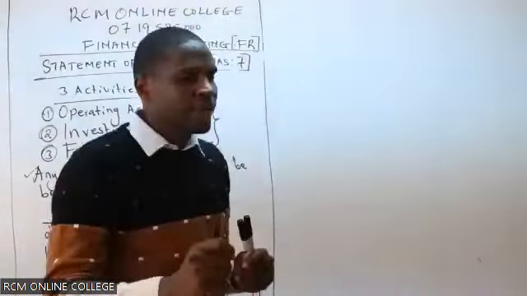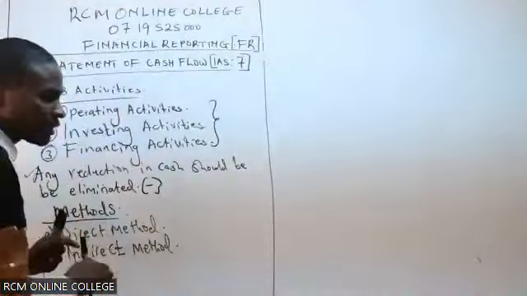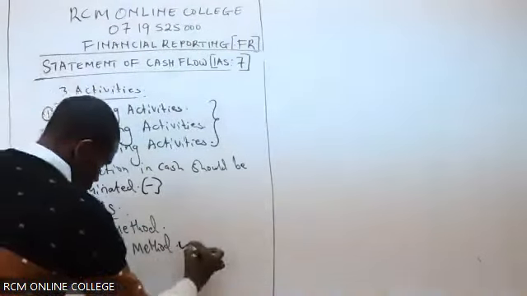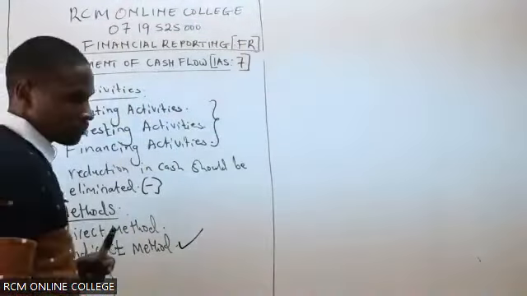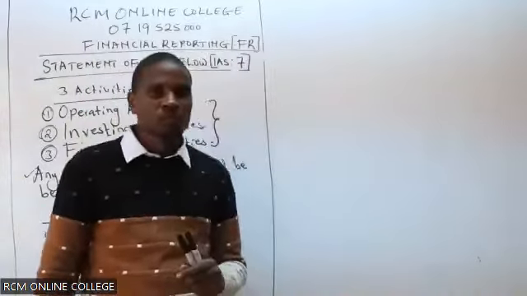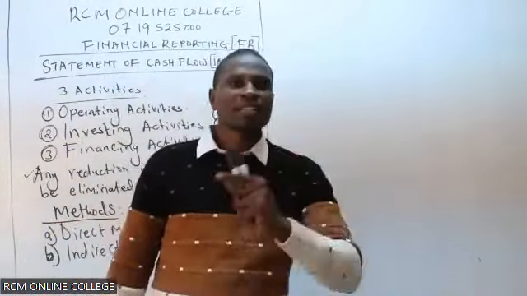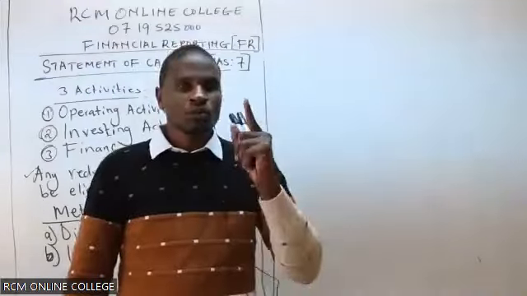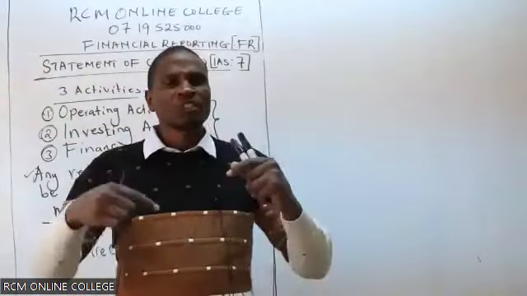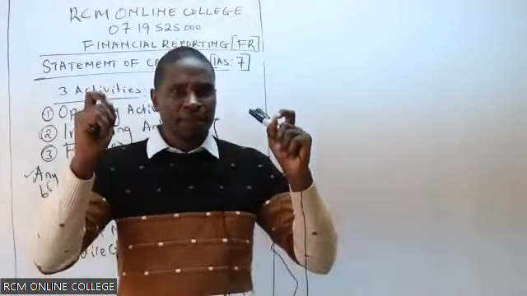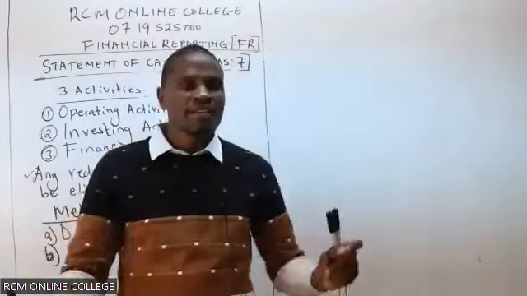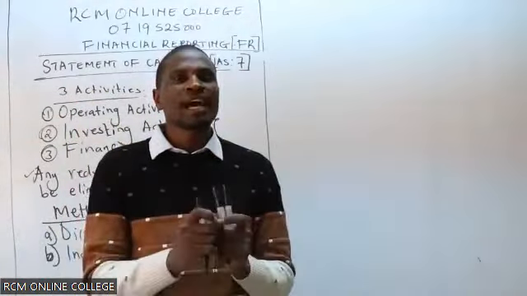So today, I want us to go to the indirect method. Mark you that for you to understand the indirect method, first of all, identify whether you are having profit before tax.